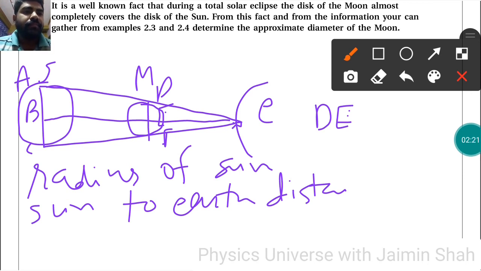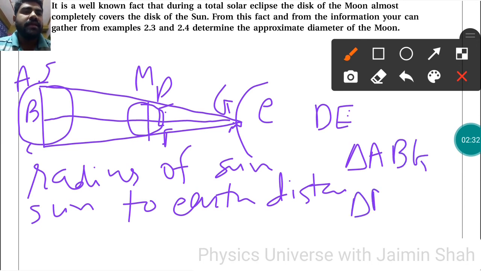So A, then D, E, F, and G, this point's name is G. So one triangle is triangle ABG, and the other triangle is triangle DEG, right? So they are similar triangles.